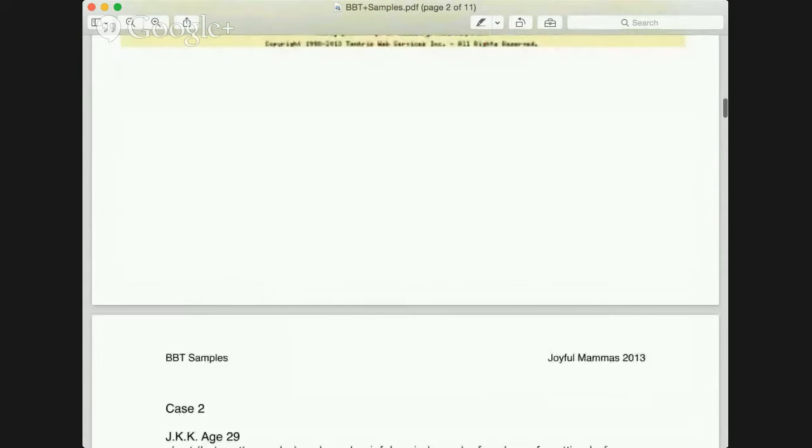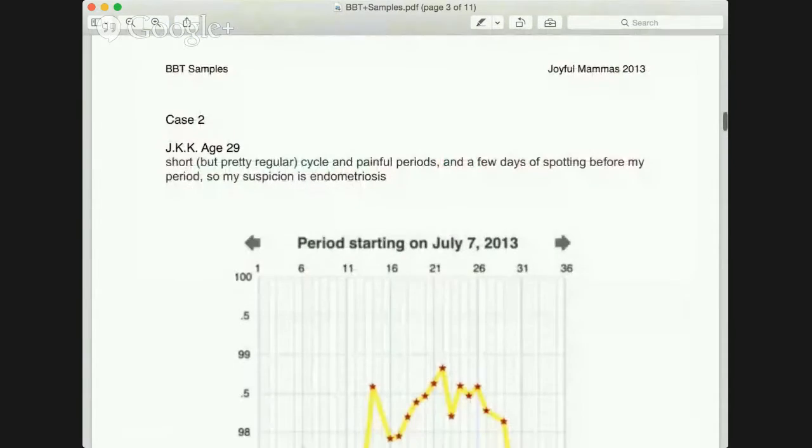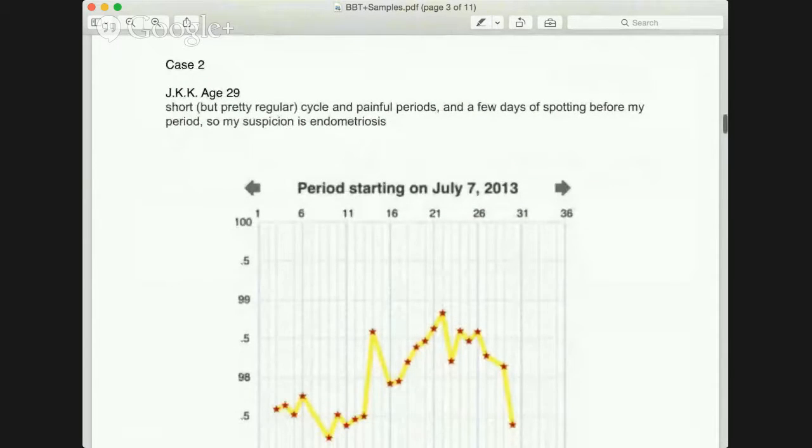Okay, next we have another case. She's a 29-year-old, short but regular cycle, but painful periods, a little bit of spotting. She said she suspects endometriosis.